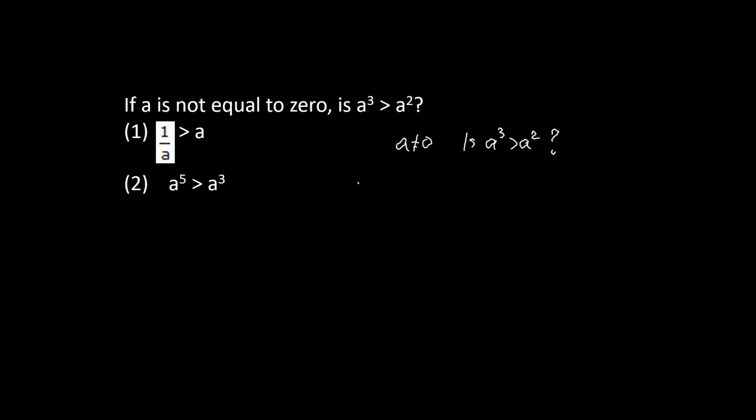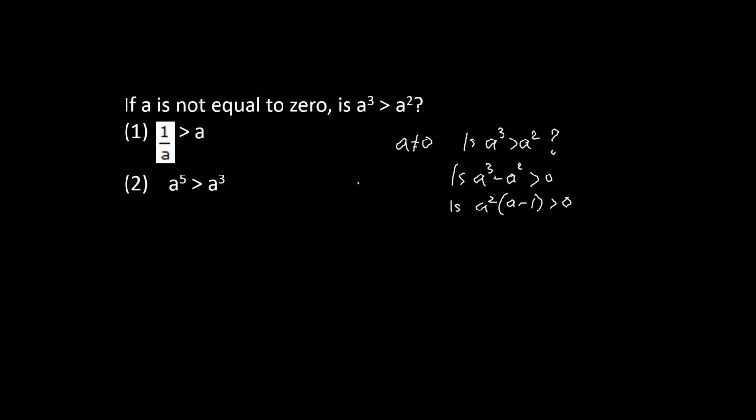And by simplifying, one thing I should understand is I can't just cut the A's. So what do I have to do? I have to say, is A cube minus A square greater than 0? So the question says, is A square times A minus 1 greater than 0?